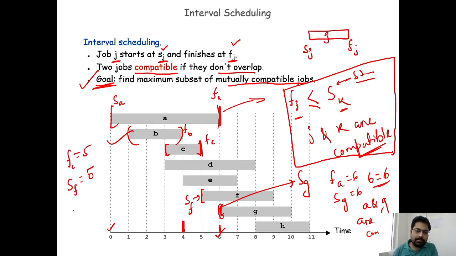Okay, so it's 5 now. So whether f of c is less than or equal to s of f or not. Here we found 5 equal to 5, so we can say c and f are compatible.